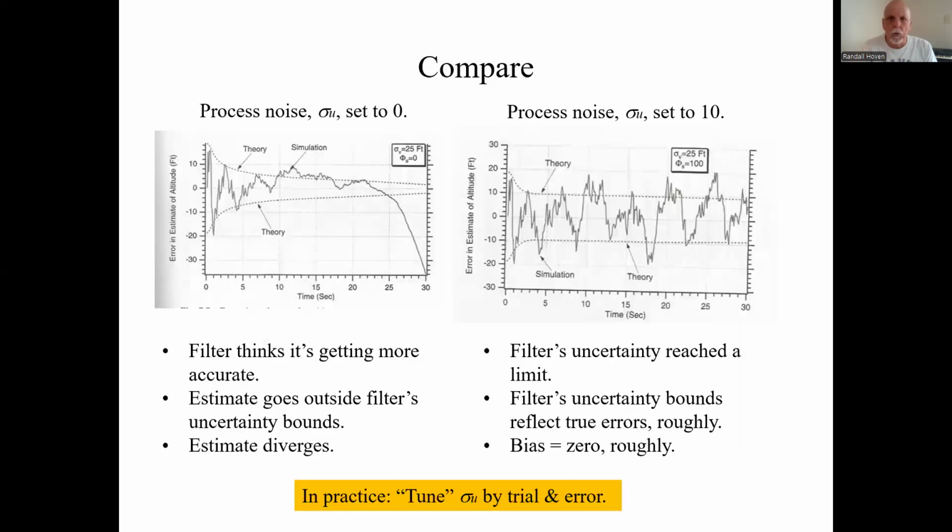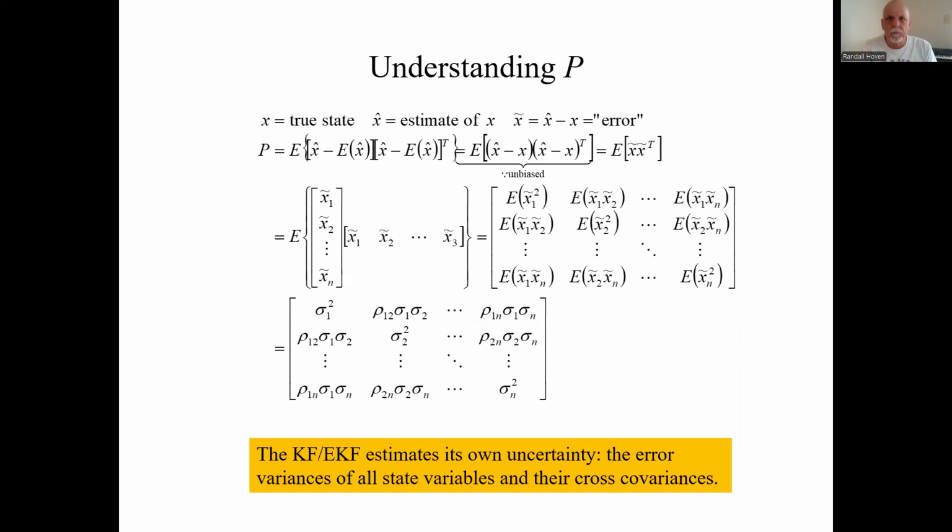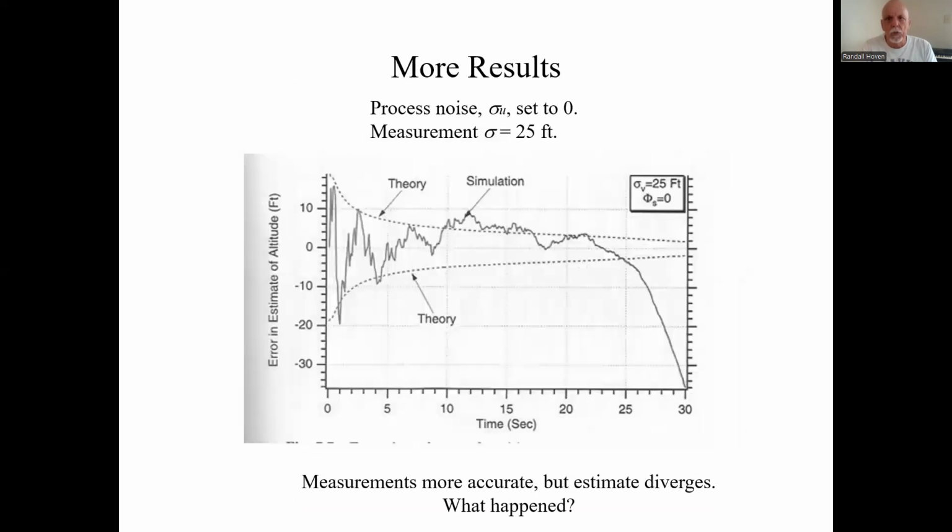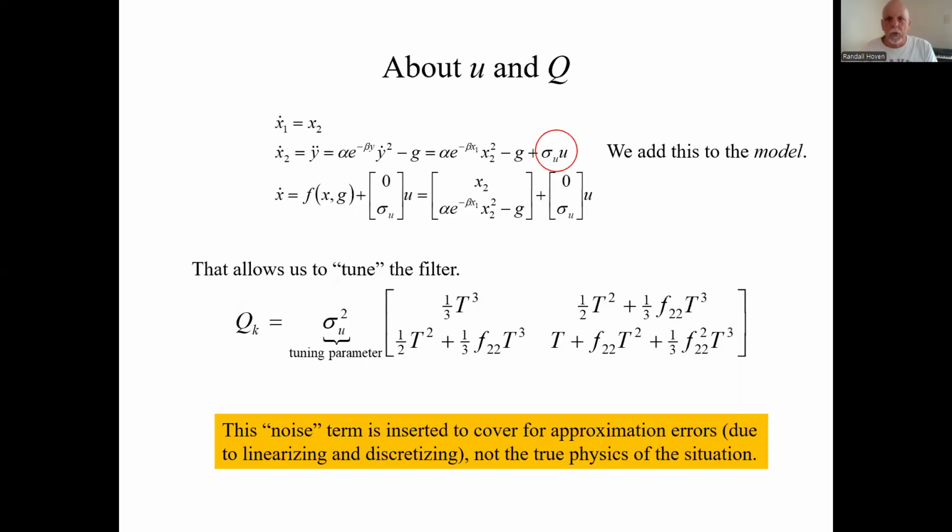So that's a little morality tale about these tuning parameters. And by the way, I think you come up with these by trial and error. They're not derived from the basic physics of things. You have to probably simulate things. Why we came up with 10, there was probably some trial and error that said 10 seems to work about right. 0 was no good, 10 looked pretty good.